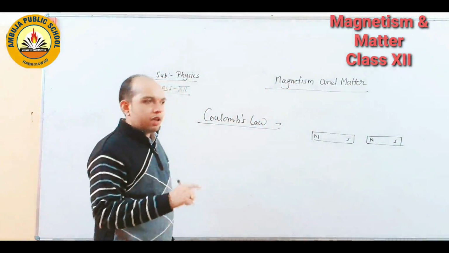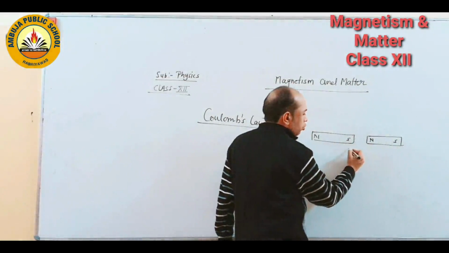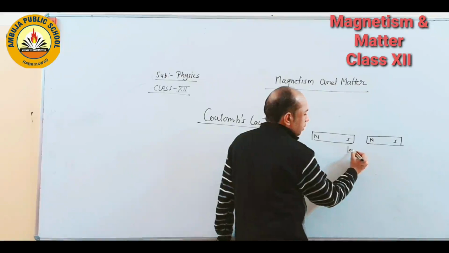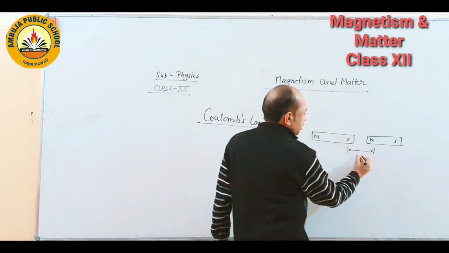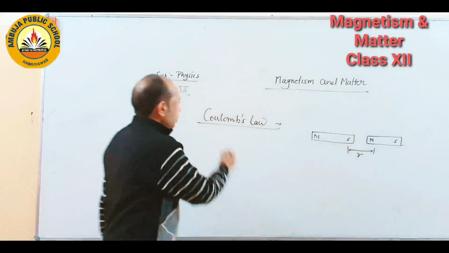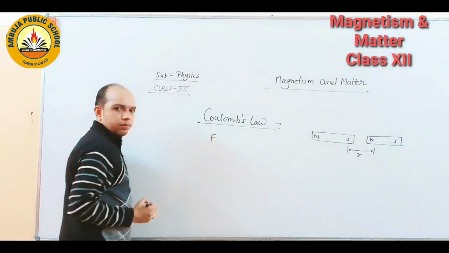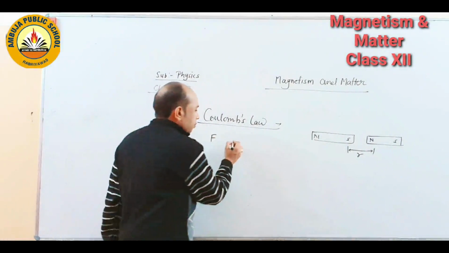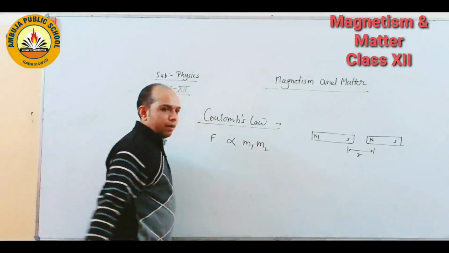It may be attractive or repulsive, depending on the poles. If south and north are there, this force is attractive. Suppose this distance is r. According to Coulomb, this force of attraction or repulsion is directly proportional to the pole strengths, that is m1 and m2.